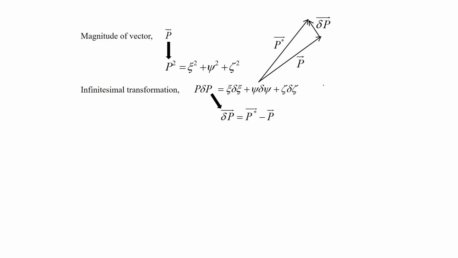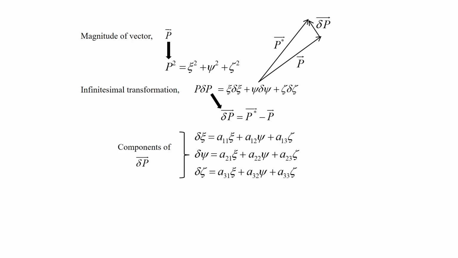Delta p vector, as we are saying, is the difference between these two vectors. The components of this delta p vector are delta xi, delta psi and delta zeta. What we can think of is that delta xi, delta psi, delta zeta are linear functions of the components of the p vector, that is xi, psi and zeta.